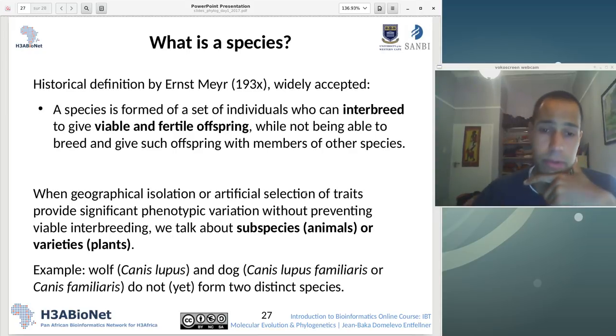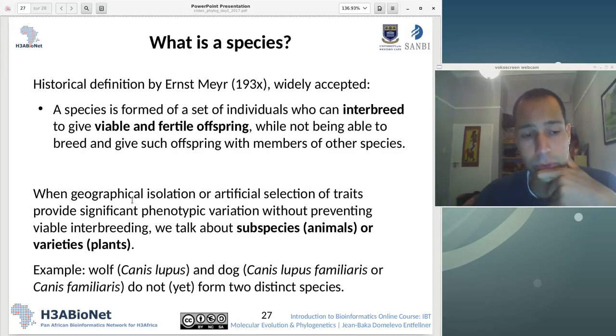So this second part of the sentence means that there is reproductive isolation. So when geographical isolation or artificial selection of traits provides significant phenotypic variations, but without preventing interbreeding, we have only one species and maybe different subspecies or varieties.